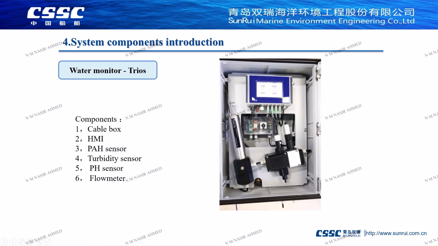This is the analysis cabinet for the water quality analyzer. It mainly consists of 3 probes: pH sensor, another pH sensor, and turbidimeter. In addition to these 3 sensors, there is also a flow meter inside to monitor the flow of the sample.